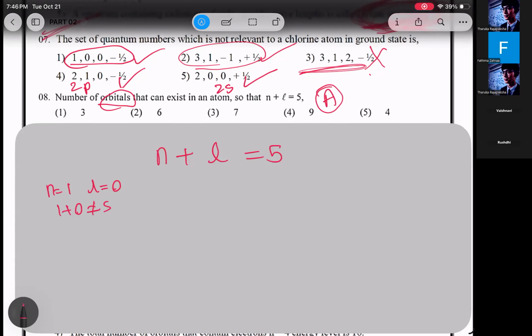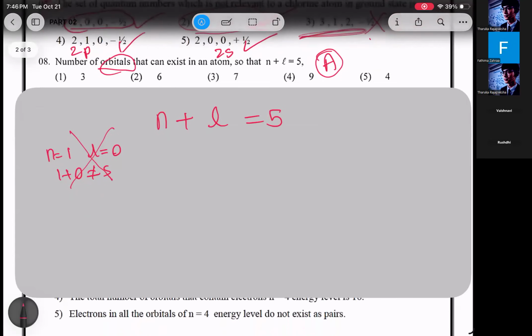The next case, when n equals 2, L can be 0 and 1. However, 2 plus 0 is not equal to 5, and 2 plus 1 is also not equal to 5. Can't be.